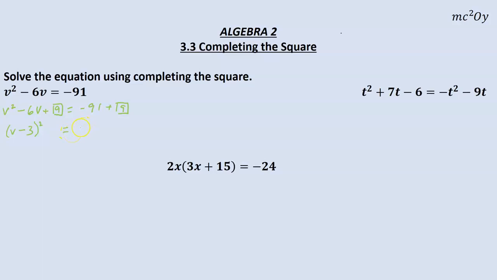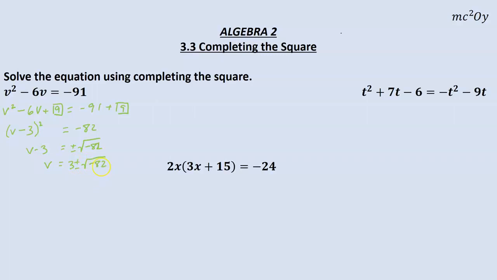Well, what that does then, negative 91 plus 9 is negative 82. I then can take the square root of both sides, plus or minus the root of negative 82, and then add 3, so v is equal to 3 plus or minus the root of negative 82.